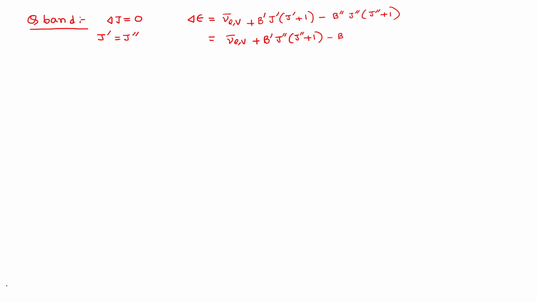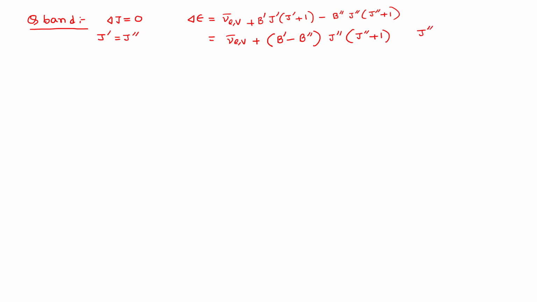So we can simplify it in one line. Why am I writing so many things? As we are taking (B dash minus B double dash) J double dash (J double dash plus 1).